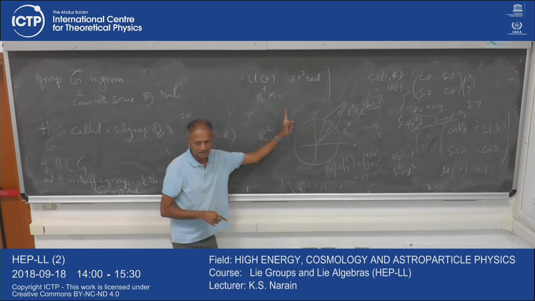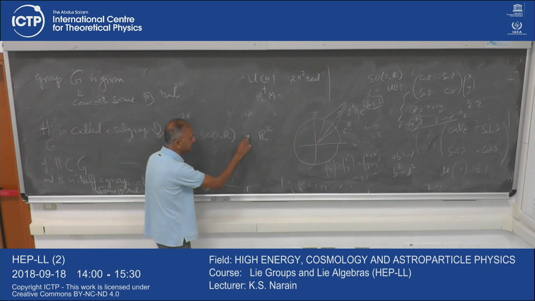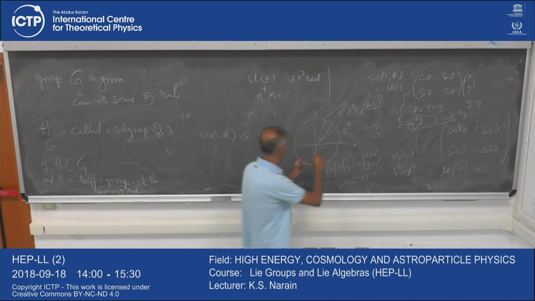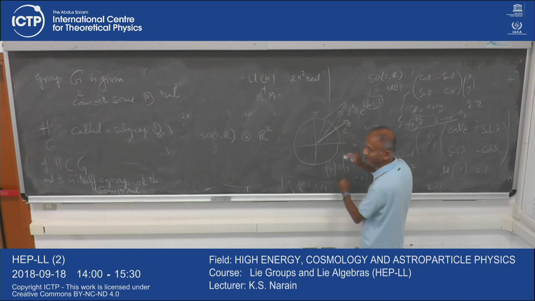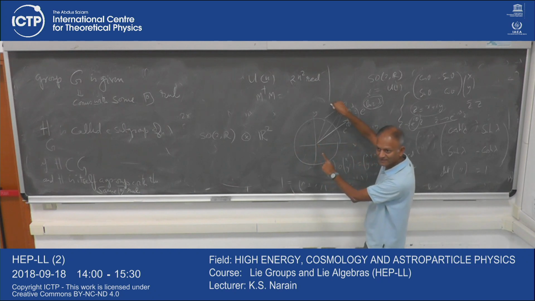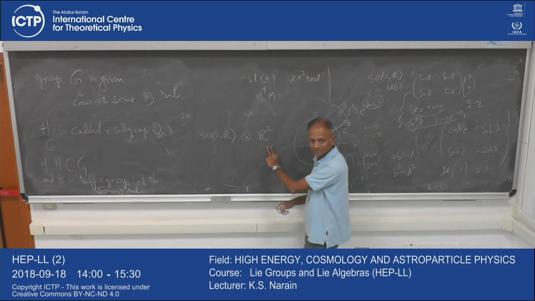So I have translations in this direction and translations in that direction, right? But here, you see, there's no meaning of a direct product. Why? Because if I make a translation in some direction, and then I apply an SO(2) rotation, then this translation itself has changed. So this group interferes with that group.